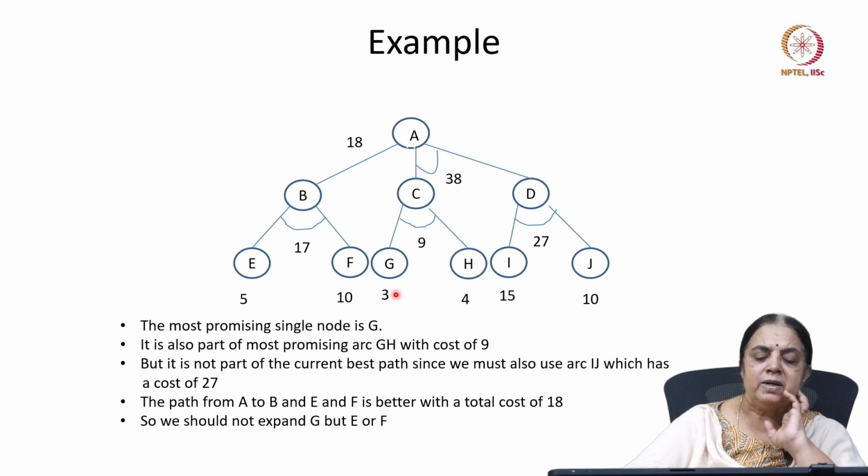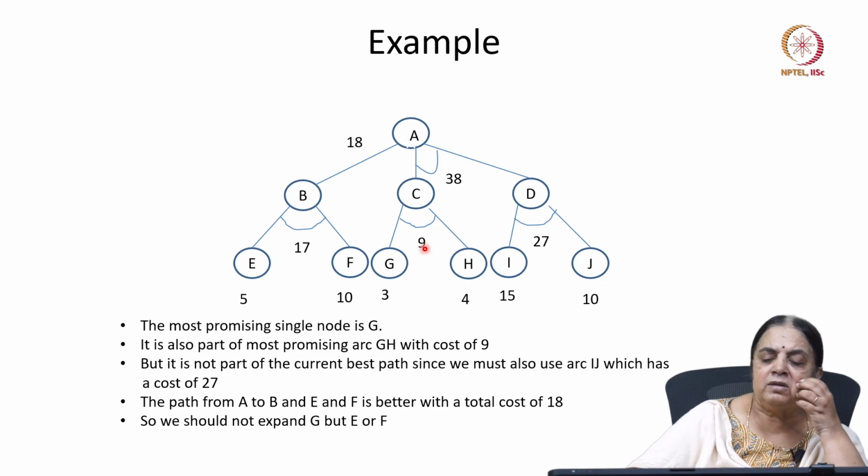But it's also part of GH, which means if you do G, H also needs to be done along with it. So if this is 3 and this is 4, that is 4 and 3, 7, plus the cost of the two arcs. So this arc will cost 9, right.